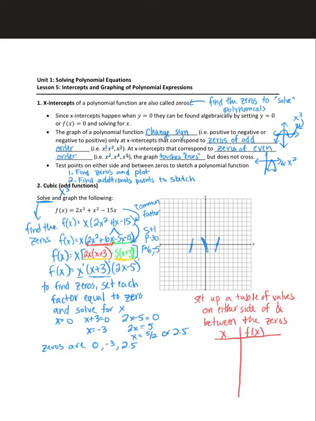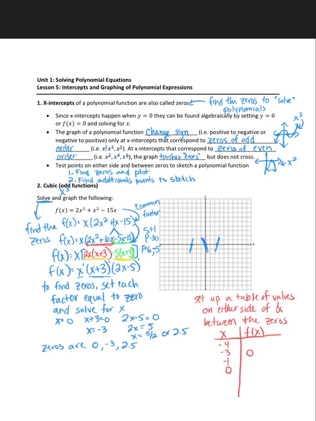So we had a 0 at -3. So I'm just going to do one number on the other side of that. We'll do -4. We had a 0 at -3, and that our y value was 0. And then we had another 0 at 0. So I'm going to pick some point between -3 and 0. We'll just say -1. Doesn't matter which point. We don't need to know every point, just kind of what's happening between our zeros.